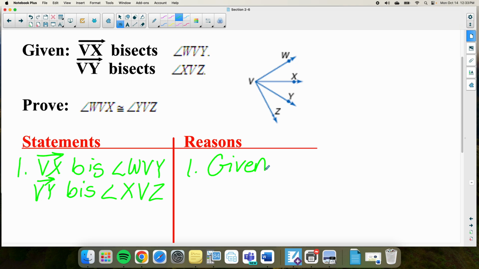So we have that those bisect the given angles.